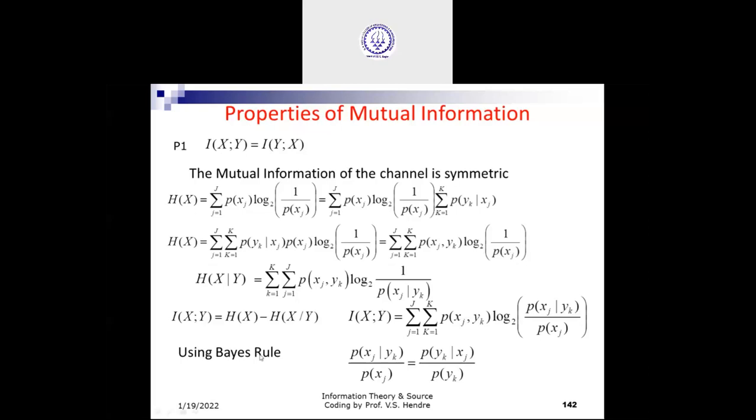I have to just correlate the equations of I of x semicolon y as h of x minus h of x given y, and if I find out I of y semicolon x and represent them in terms of entropies, I may get the same equation by using Bayes rule: P of xj given yk upon P of xj is always equal to P of yk given xj upon P of yk, which proves that both the mutual informations are exactly symmetric.